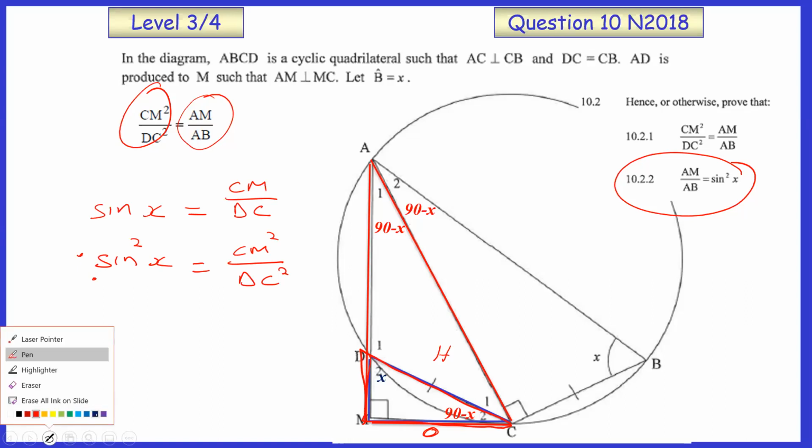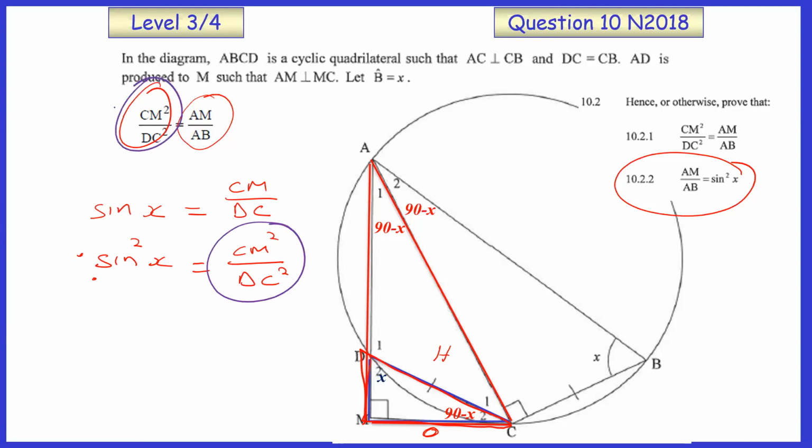Okay, but that and that is the same. Can you see that? So therefore, we can now conclude that sine squared X is equal to that, which is equal to that, which is actually equal to AM over AB. So that was quite a challenging level 4 question.